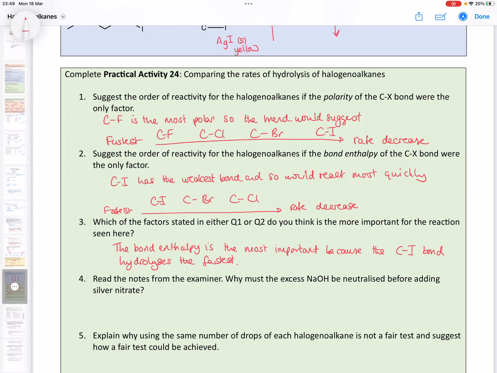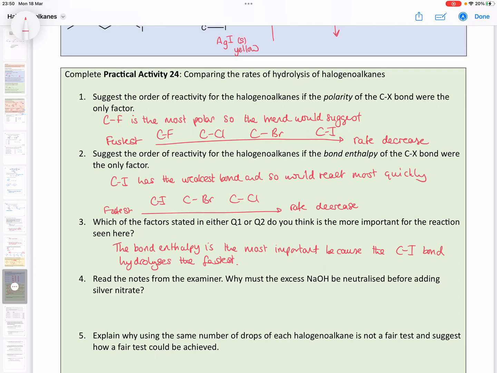Why must excess sodium hydroxide be neutralised before adding silver nitrate? If we were to use, instead of water and hydrolysis, sodium hydroxide to split the molecule, that could happen from a nucleophilic substitution point of view, but there's a bit of a problem.